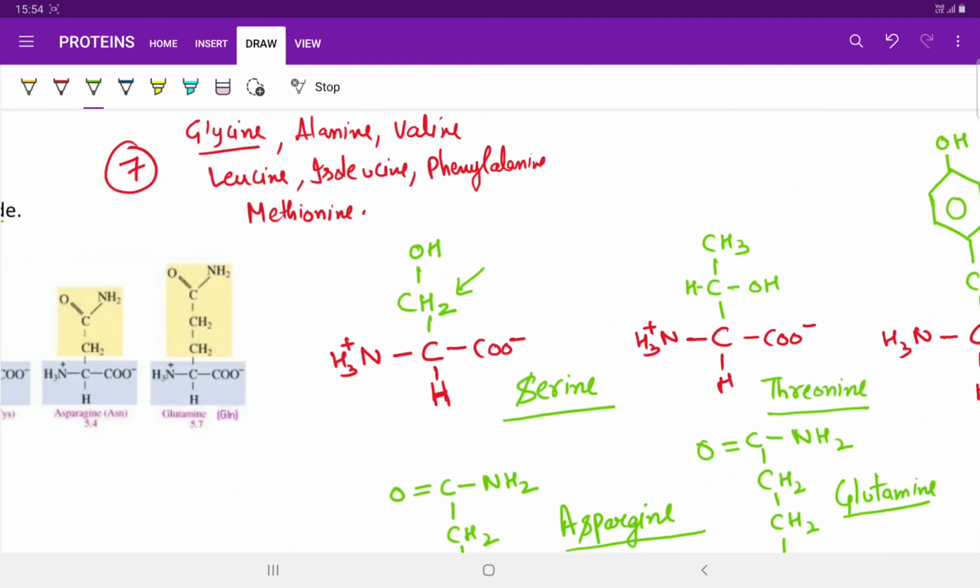So you can update your glossary by adding another 6 amino acids, which are serine, threonine, then comes tyrosine, then asparagine, cysteine, glutamine.